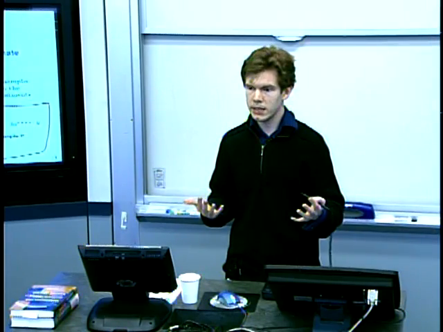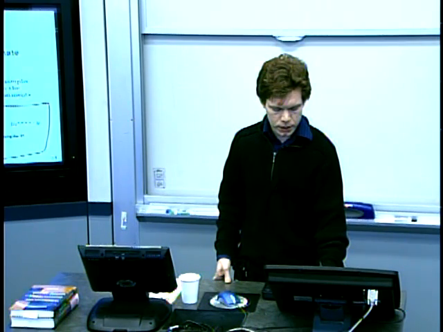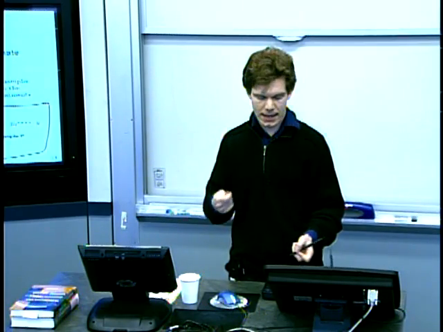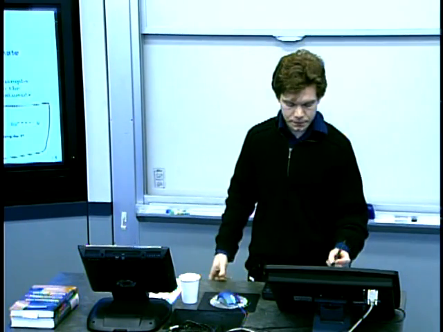The sample mean will itself be normally distributed with a variance of sigma naught squared over n, where n is the number of data points in the sample.